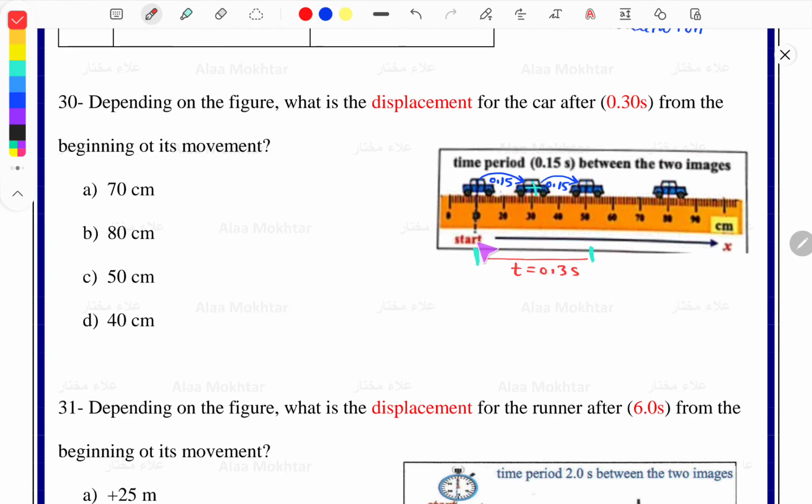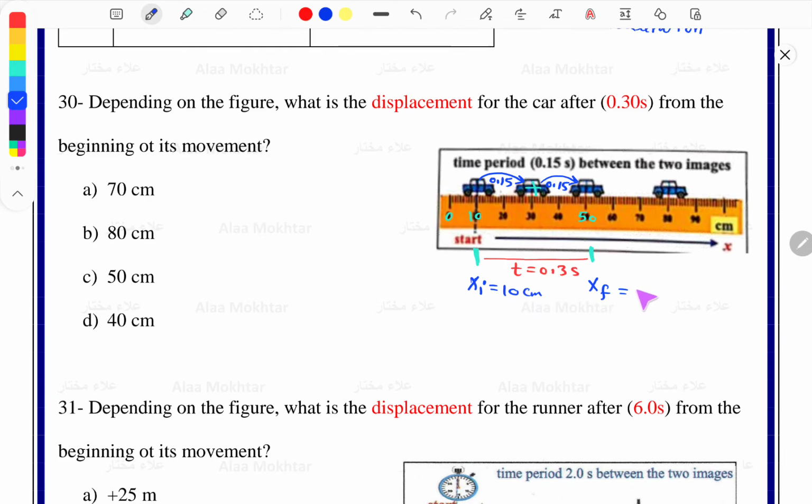Great. This position is x initial, and this position is x final. X initial is 0, 10, 20, 30, 40, 50. X initial is 10 centimeter.